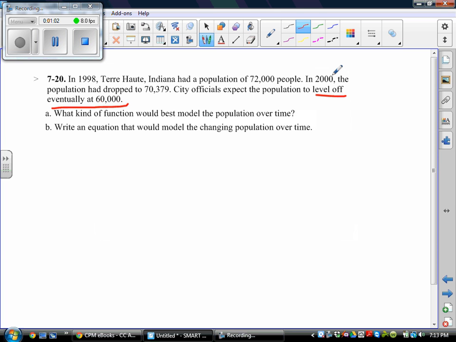So that's clueing me in: since it's leveling off, it's decreasing between these two amounts, but there's a leveling off point where it never crosses 60,000. So that's going to be an exponential function with an asymptote.